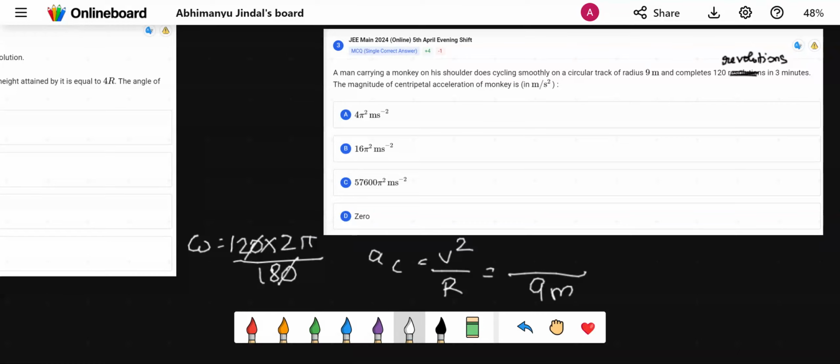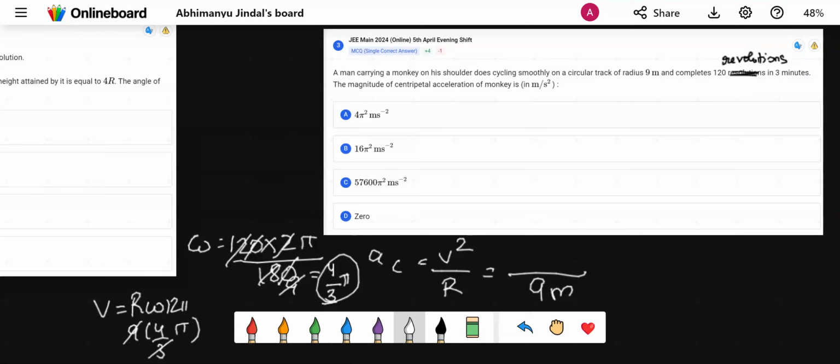So I'm going to get approximately 4 by 3 pi as my omega. Now you know velocity equals r omega. Radius is 9 into 4 by 3 pi, so it's basically 12 pi, which is my velocity.